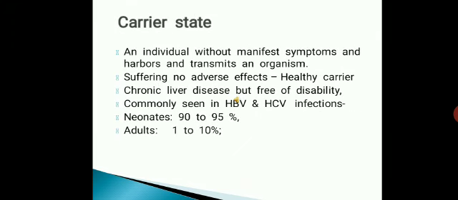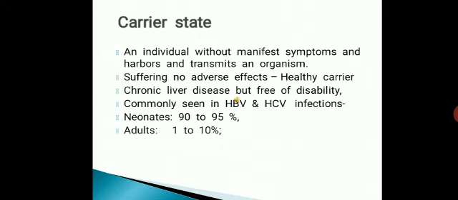Carrier state: an individual is said to be in a carrier state if he continues to harbor and transmit the organism without manifestation of the disease. The patient can be a healthy carrier without suffering any adverse effect, or there can be chronic liver disease but the patient is free of disability.